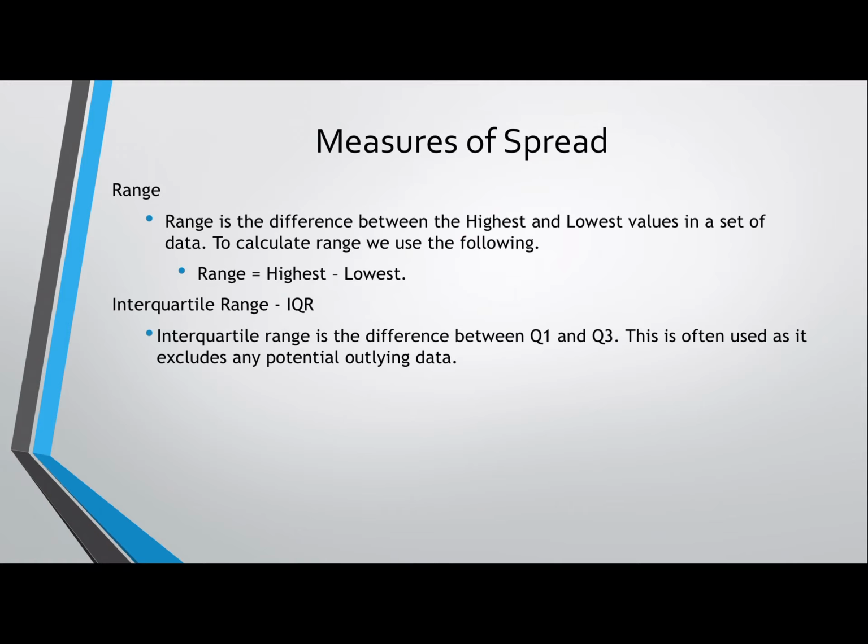It may be the case, for example, like I was talking about, that you've got me in the room changing the information. I'd be considered an outlier in that situation because my age is considerably different from the rest of the information. Or say it's test scores, you might have that one person who decided on that day they didn't want to do it, so they just put their name on it and nothing else.